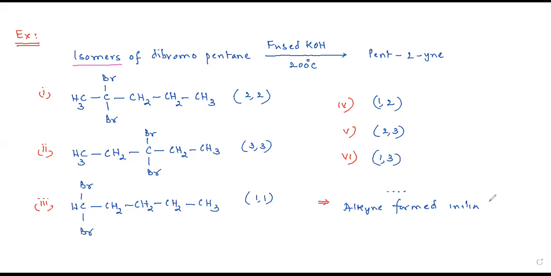That of course can be seen by taking the mechanism. Whatever may be the isomer of dibromopentane, it finally rearranges to pent-2-yne. Come on, let's take the mechanism.